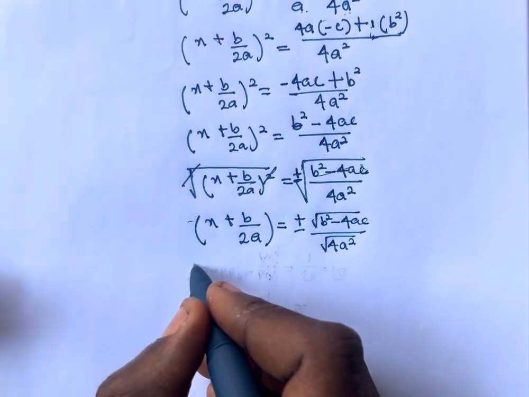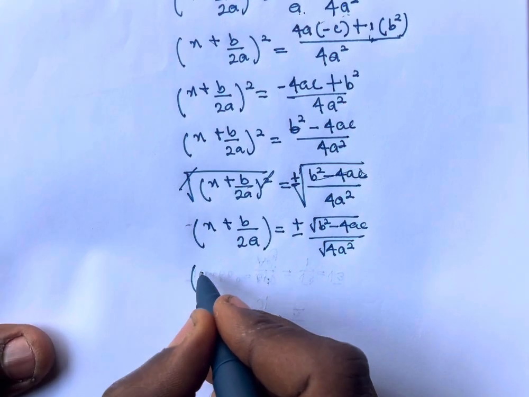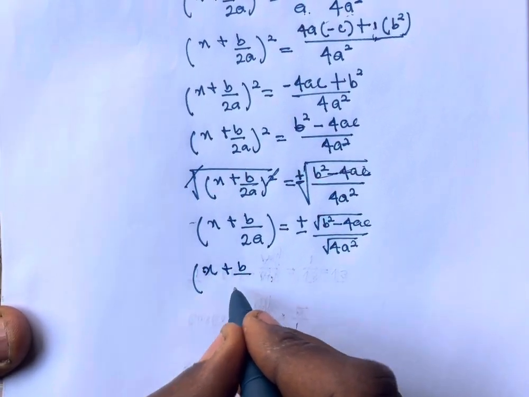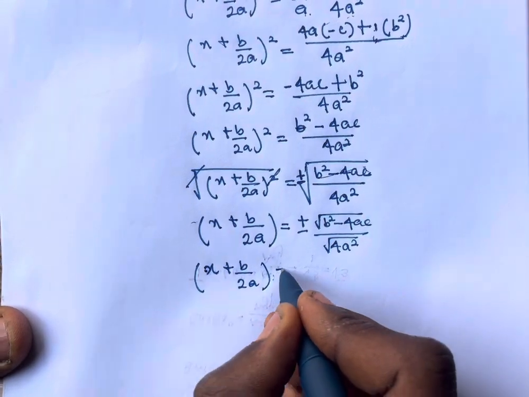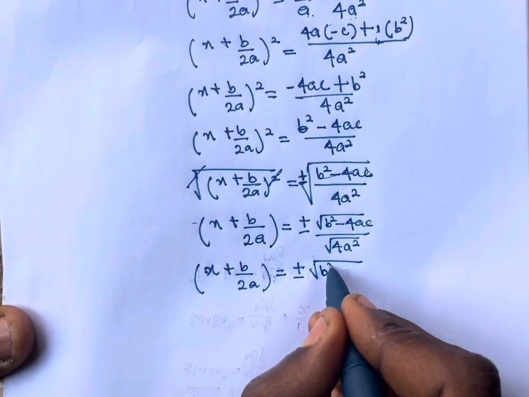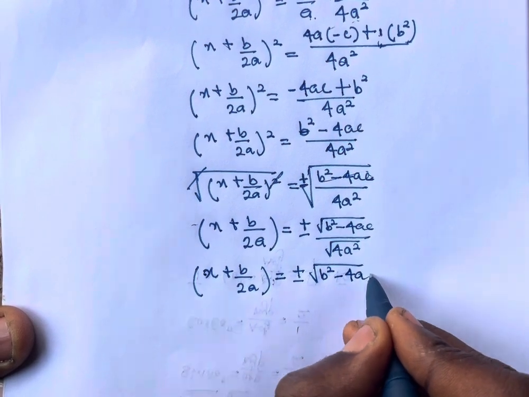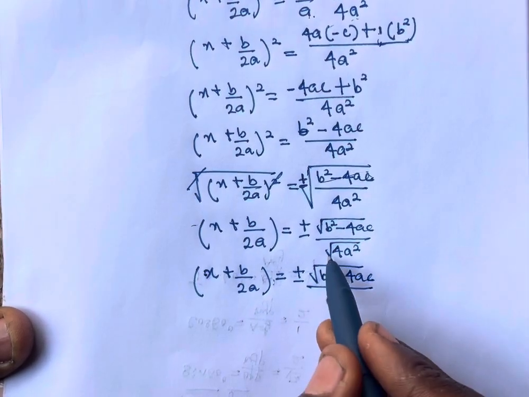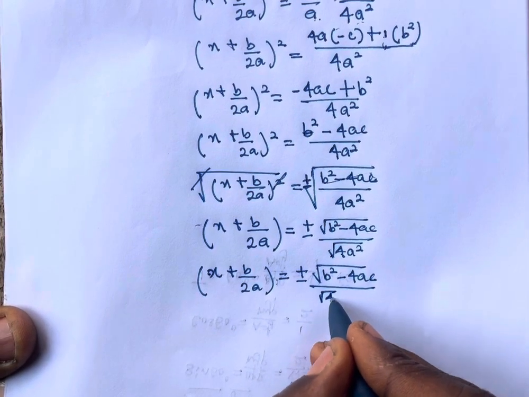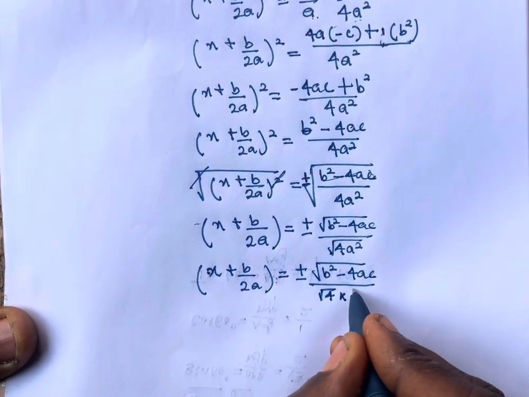Then we have x plus b over 2a is equal to plus or minus the square root of b squared minus 4ac divided by, we have to distribute the square root to both 4 and a squared. We have the square root of 4 multiplied by the square root of a squared.